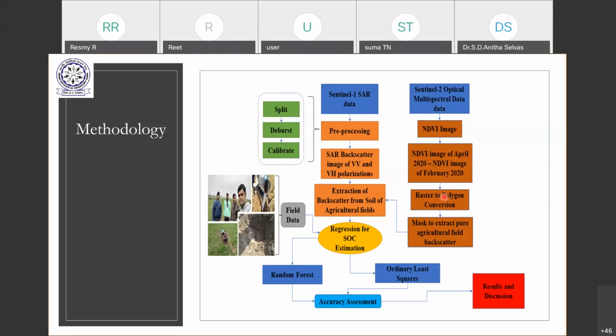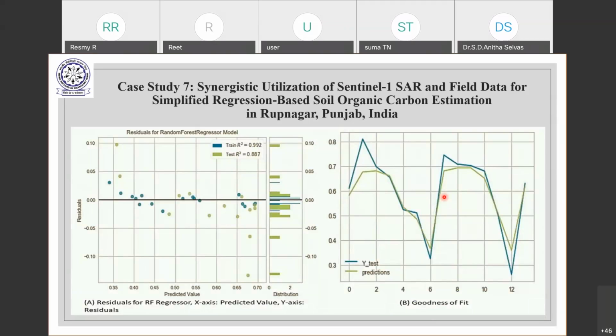So the first step is to mask out the urban and other built-up areas, and heavily vegetated areas. And here also we use the OLS technique.